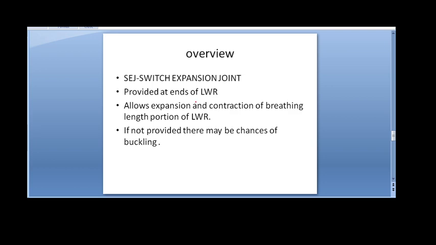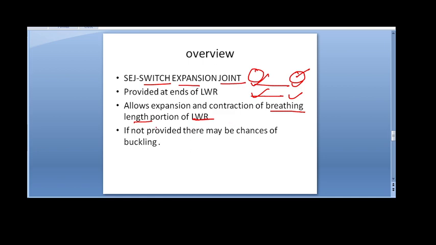So overall, what have you seen? SEJ means switch expansion joint. And where are you providing it? You are providing this at the ends of LWR. And what is the purpose of this? It allows expansion and contraction of the breathing length portion of LWR, not the central portion.